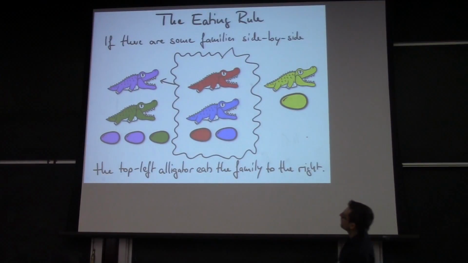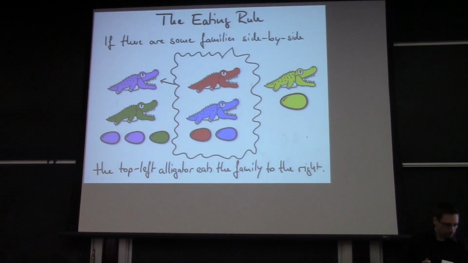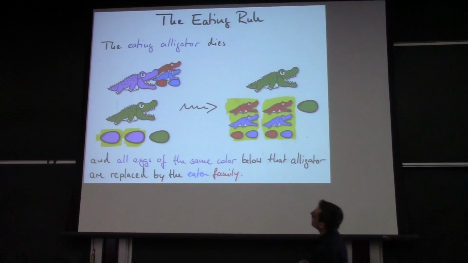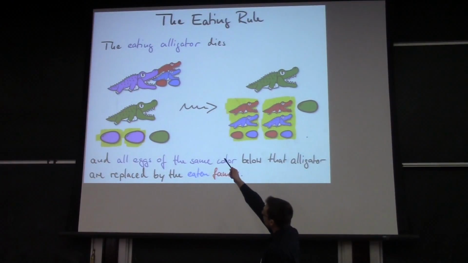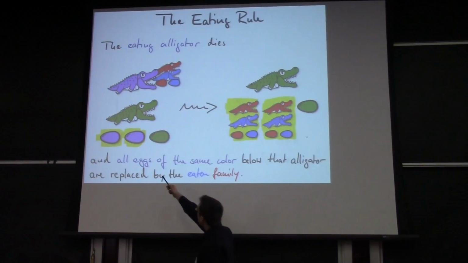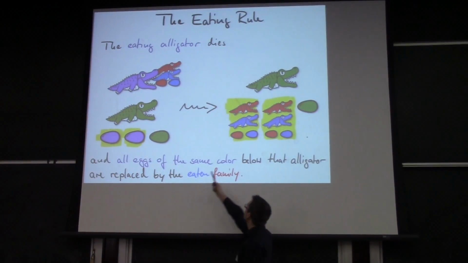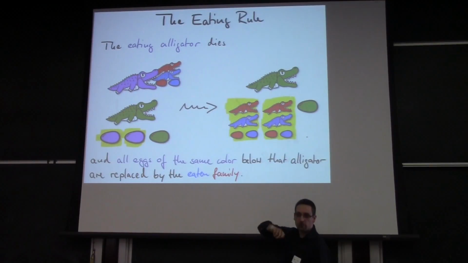So essentially what happens with the eating rule is that the top left alligator will eat the family to its right, like this. What happens when the eating rule is applied? Well, the eating alligator dies, and then all the eggs below it that have the same color are going to hatch into copies of what has been eaten.